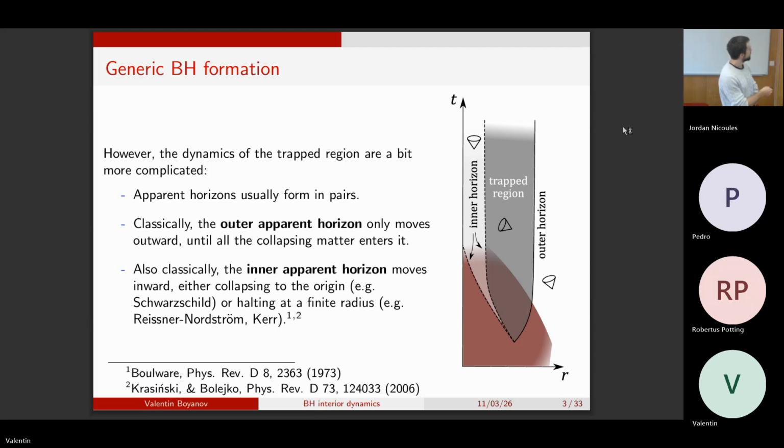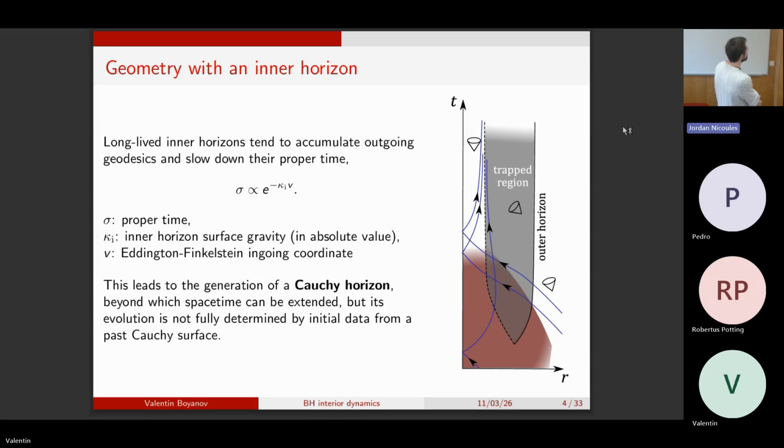Now, what happens with this picture is that inner horizons, long-lived inner horizons, actually tend to be unstable. And to see that, you can first notice that if we look at the behavior of geodesics which approach this inner horizon, in the vicinity of the horizon there is a discrepancy between the time that passes for the outside universe and the proper time of observers, or the affine parameter of geodesics, that approach this horizon.